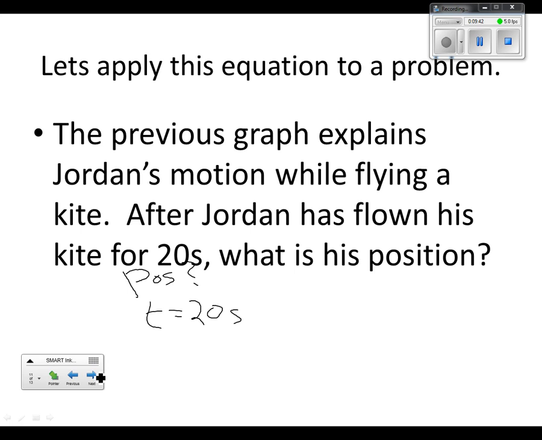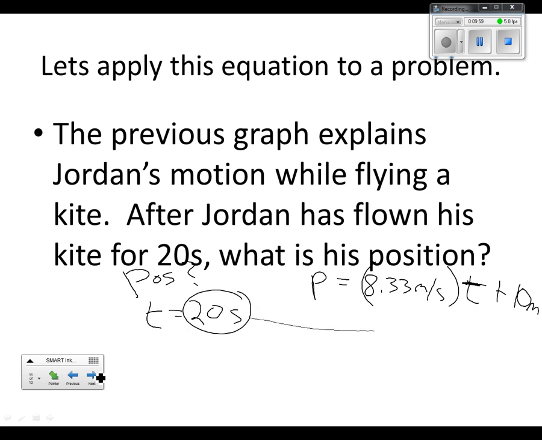And your equation is P is equal to 8.33 meters per second times time plus 10 meters. So all we have to do is take that 20 and plug it into the formula, and that'll give us our solution.